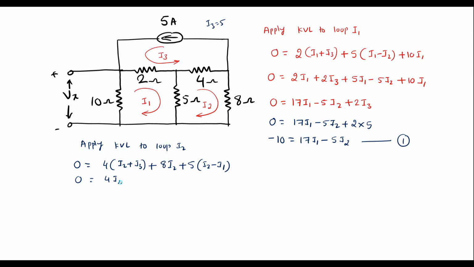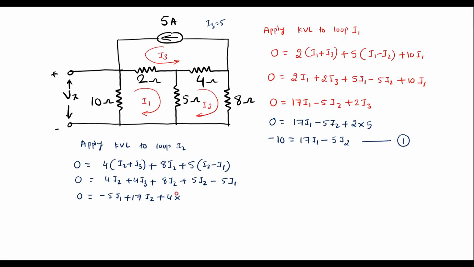We have 4 I2 plus 4 I3 plus 8 I2 plus 5 I2 minus 5 I1, or I can write 0 is equal to, so here we have minus 5 I1 and I2 terms are 4 plus 8 is 12, 12 plus 5 is 17, plus 17 I2, and we have only one I3 term, that is 4 into I3.